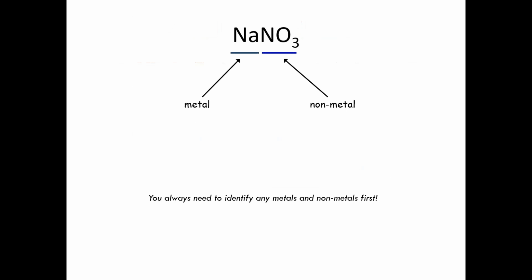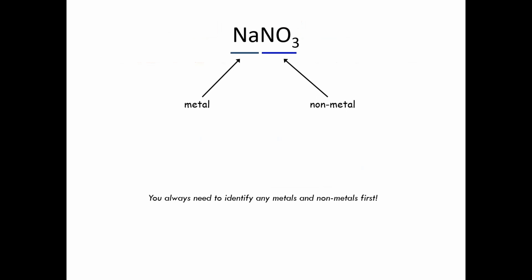Well, you need to remember that the difference in electronegativity is only helpful when determining if a binary compound, that is a compound with two different elements, is ionic or covalent, or if a particular bond within a compound is ionic or covalent. But when we have more than two different elements in a compound, such as this one that has three elements, it's very difficult to determine using the difference in electronegativity if the compound is ionic or covalent.